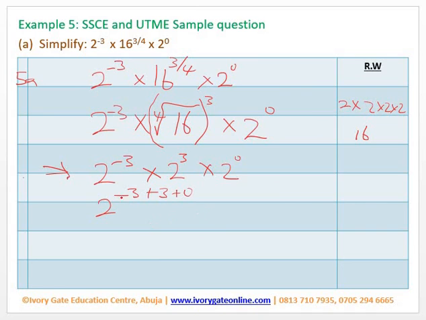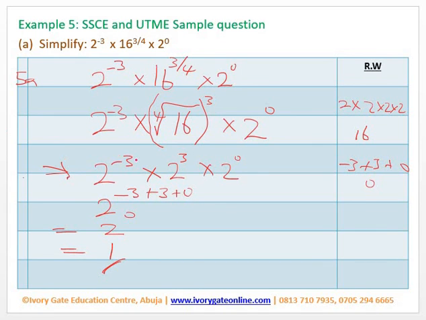So in this case, minus 3 plus 3 is 0, plus 0. So everything is 0. This gives us 2 raised to power 0, which is 1. Okay, so that is the answer.